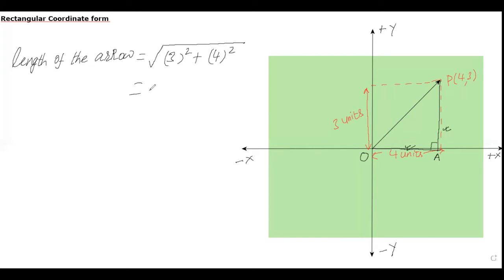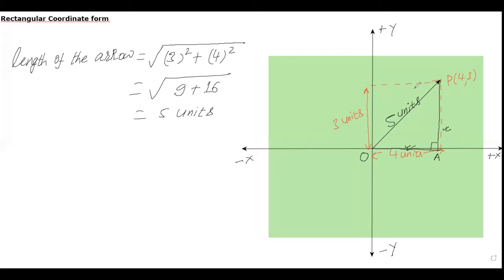How much is that? 3 3s are 9, 4 square is 16, that is 25, root of that is 5 units. So it's possible to find the length of the arrow. Let me write it here. It's 5 units.